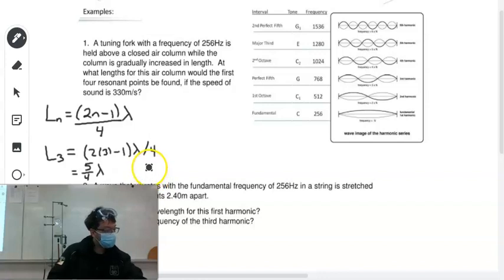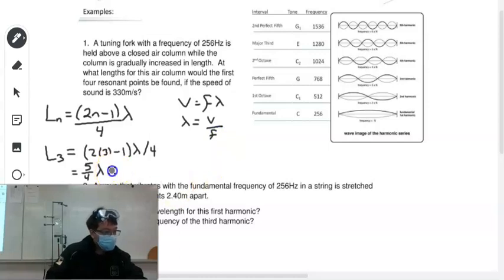Now, they don't tell us what lambda is. They tell us the frequency, and they tell us the speed. So we can use the universal wave equation, speed equals frequency times lambda, to figure out what lambda would be. So lambda would be speed over frequency.